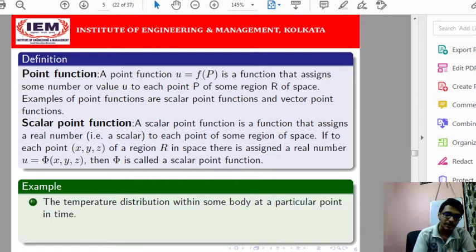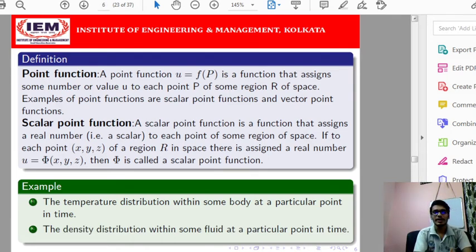That means I am assigning a scalar value to each and every point. Another example is the density distribution within some fluid at a particular point. We take a particular fluid, and at each point we assign a function that depends on x, y, z. We know that density is a scalar value.